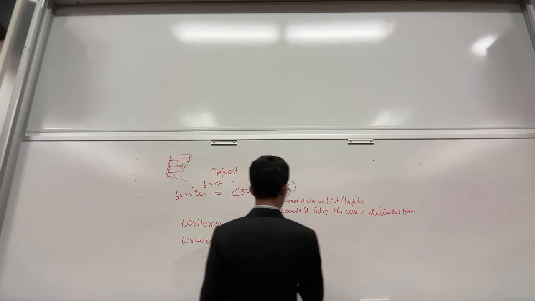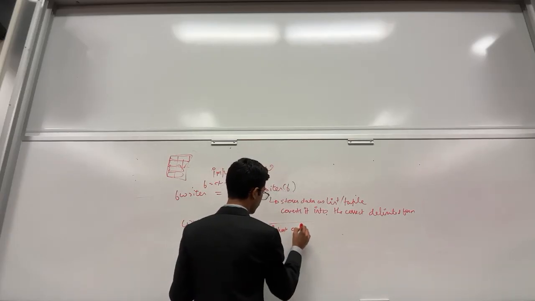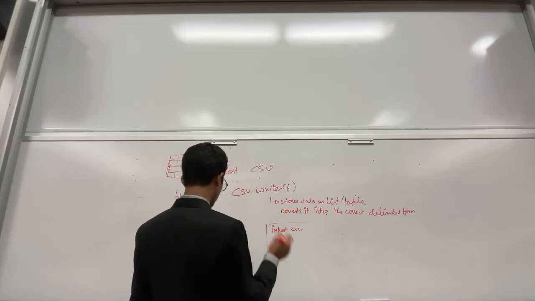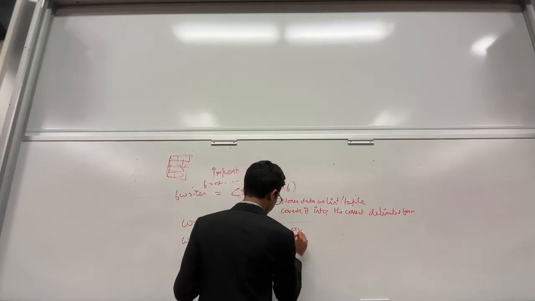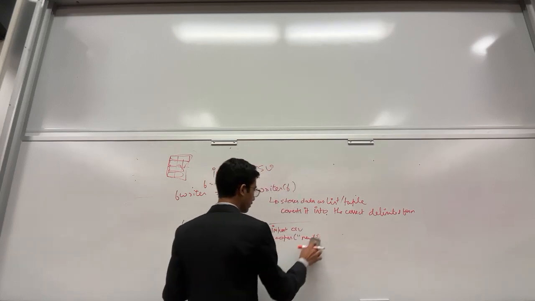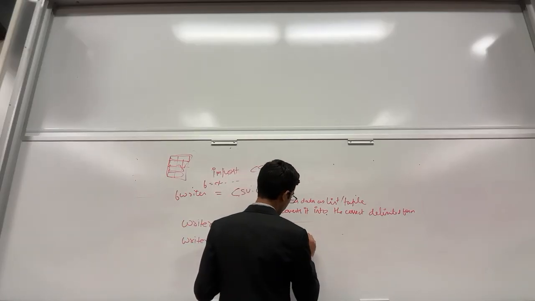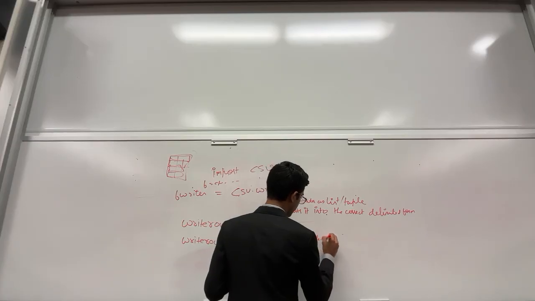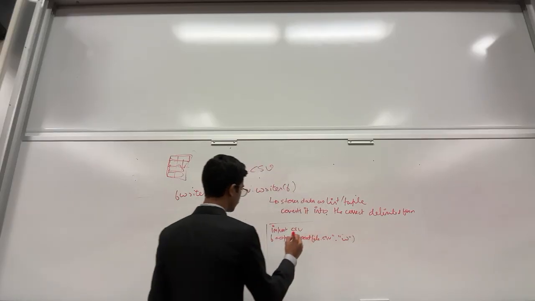The first thing I would need to do is use import csv to call the CSV module to use it. And then I'll say f is equal to open some new file, or let's take a creative name this time. Let's say open cat file dot csv comma w to write.